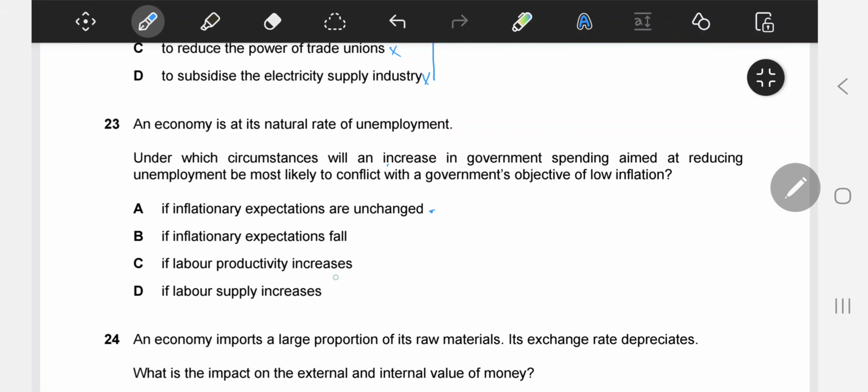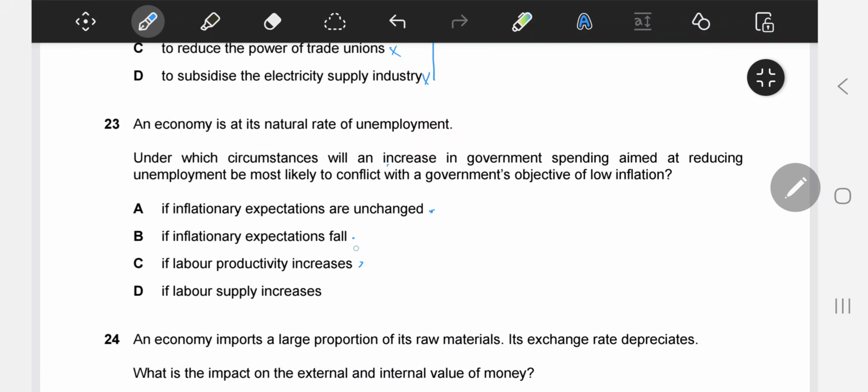If labor productivity increases, this is going to create inflation, and also I think this factor and this factor are going to offset inflationary pressure.